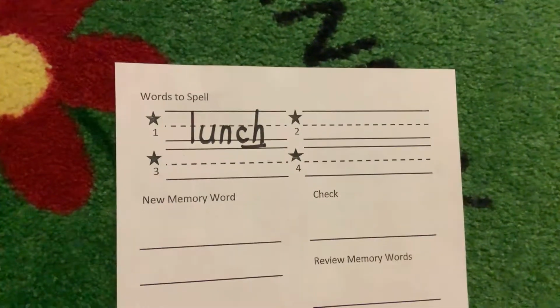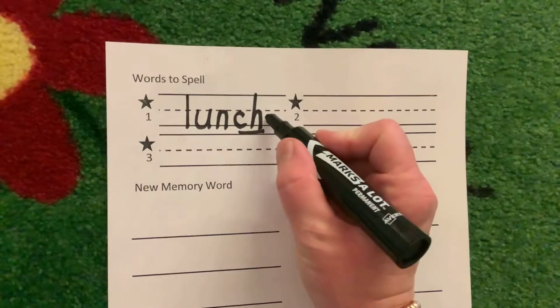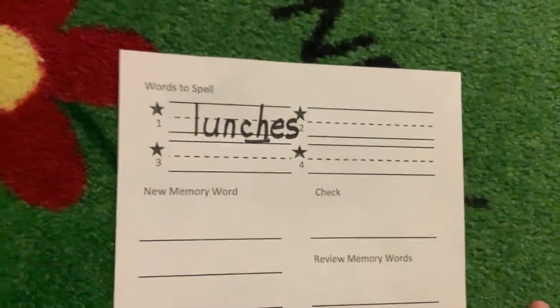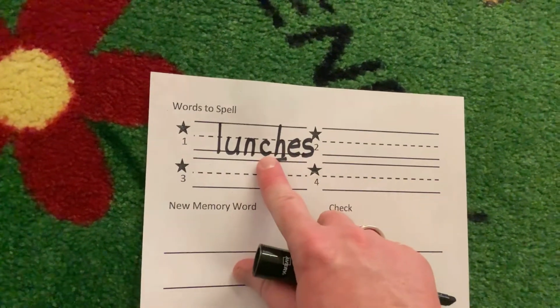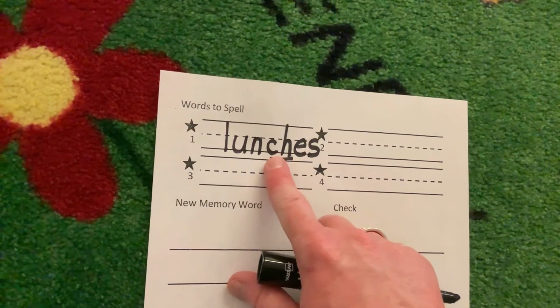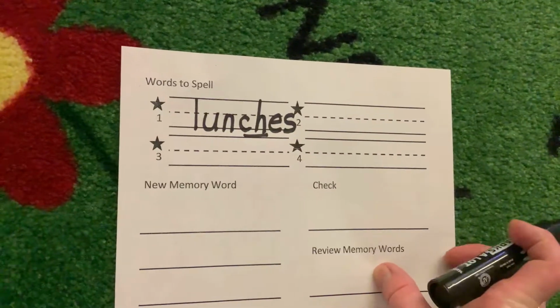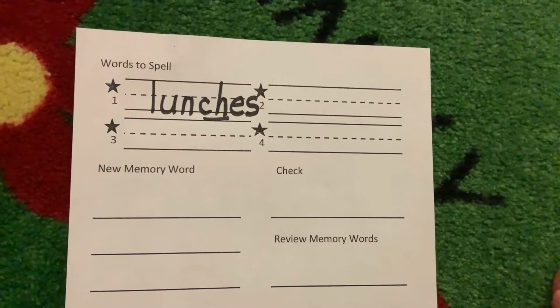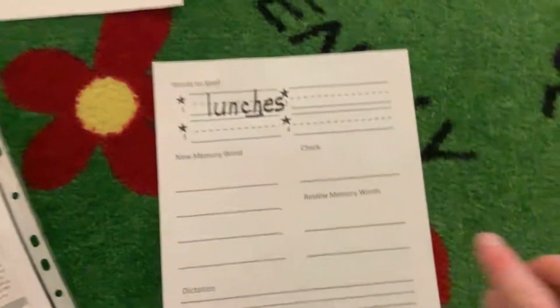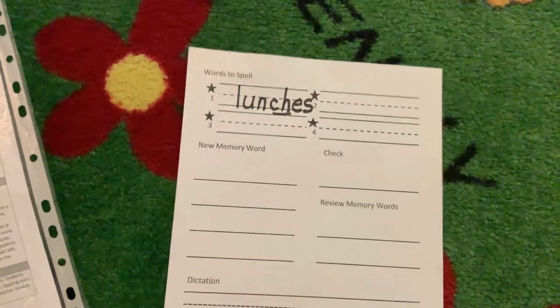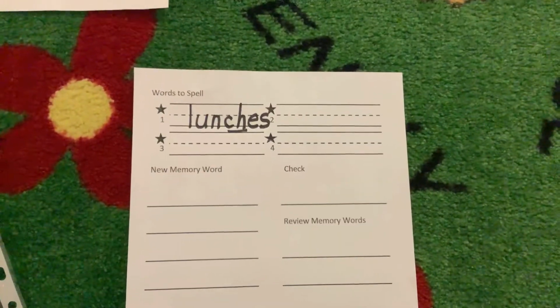Let's make it more than one. Lunches. I eat many lunches. Remember, when a word ends in CH, SH, S, X, or Z, add ES and you'll please me. Many lunches. So now it's a two-syllable word.